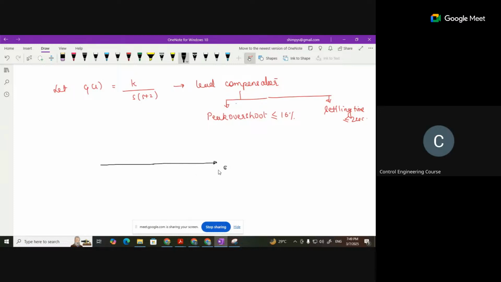This is your sigma, j omega, right? I have a pole at origin and I have a pole at -2, correct?